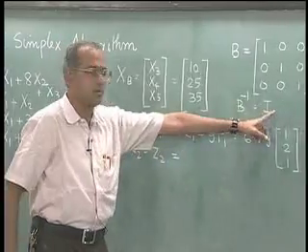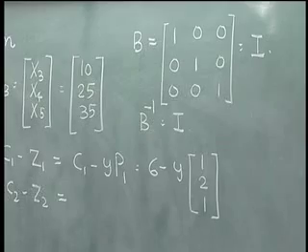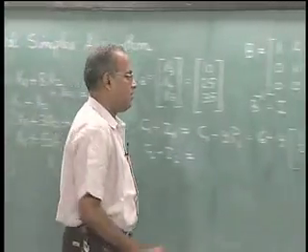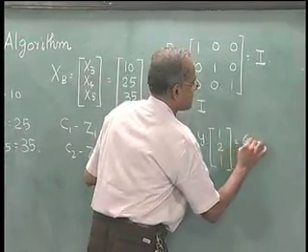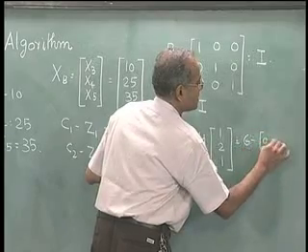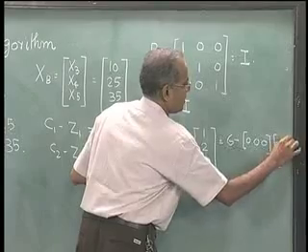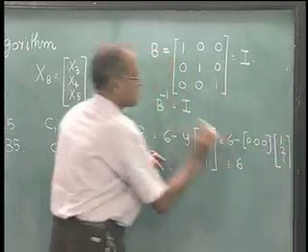B inverse is equal to I. Therefore, y is equal to 0 0 0. Therefore, C1 minus Z1 will become 6 minus 0 0 0 into 1 2 1 which is 6.